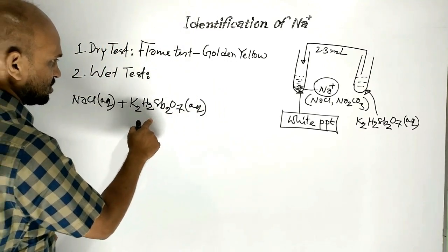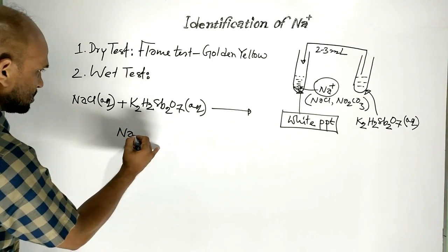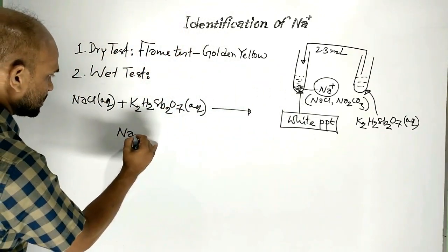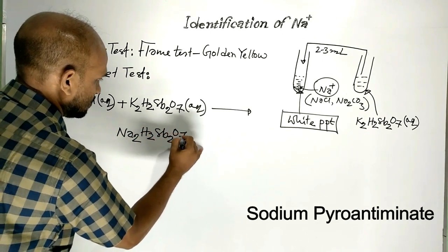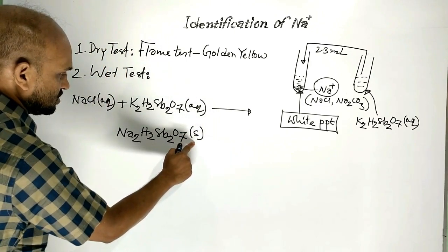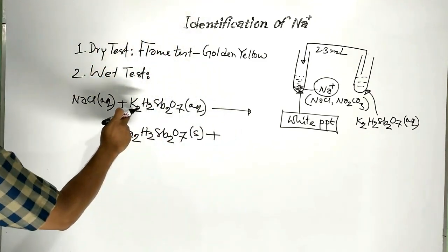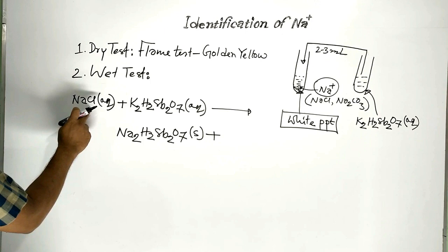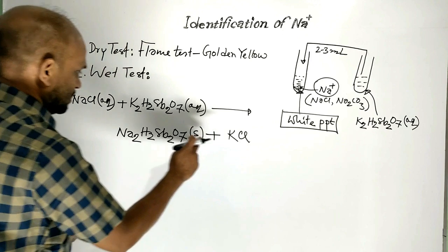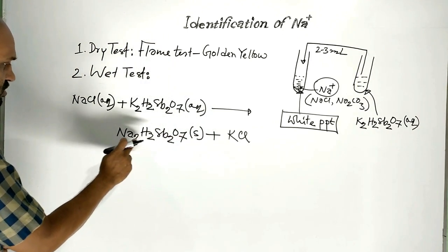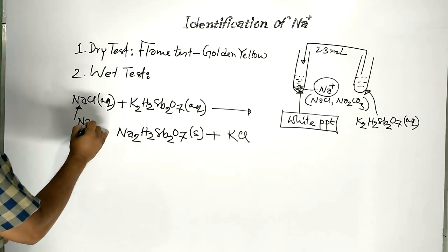Then and there, white precipitate of sodium pyroantimonate is formed. Solid, white precipitate of sodium pyroantimonate. Then, potassium combines with anion of the salt. Here, potassium chloride. This white precipitate of sodium pyroantimonate confirms the presence of sodium ion in the solution.